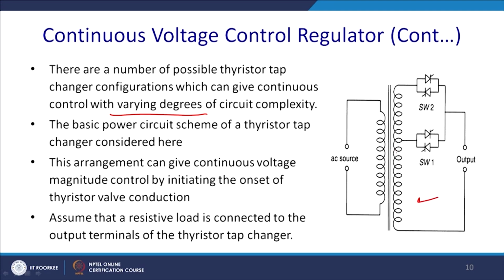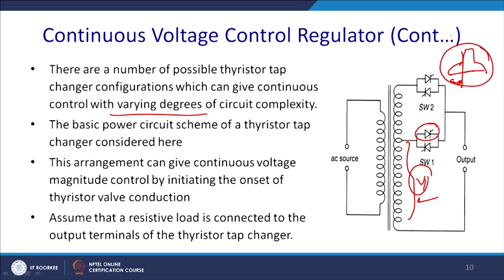So, ultimately V1 will be applied when SW1 is closed, so the profile will be something like this. Thereafter, after a delay of some angle alpha, this switch will be closed, so the conducting thyristor will be reverse biased and there will be a surge in voltage. Again here you may close this thyristor. This kind of waveform you may generate. We are coming to this waveform in subsequent slides.